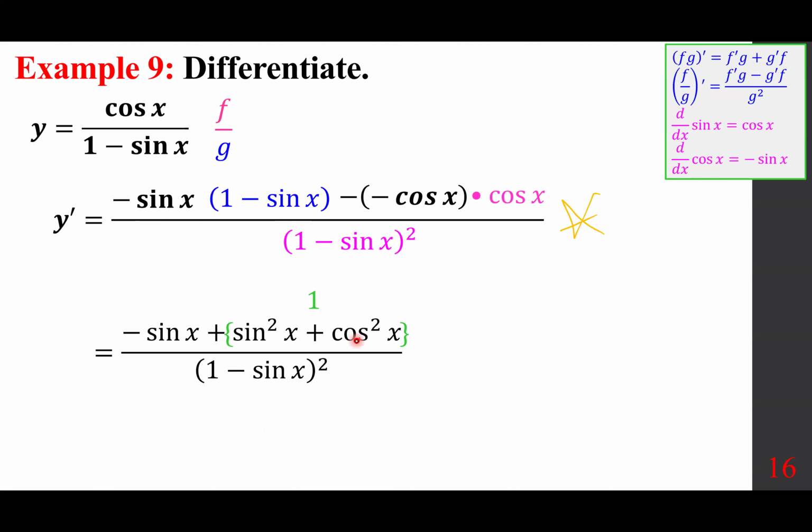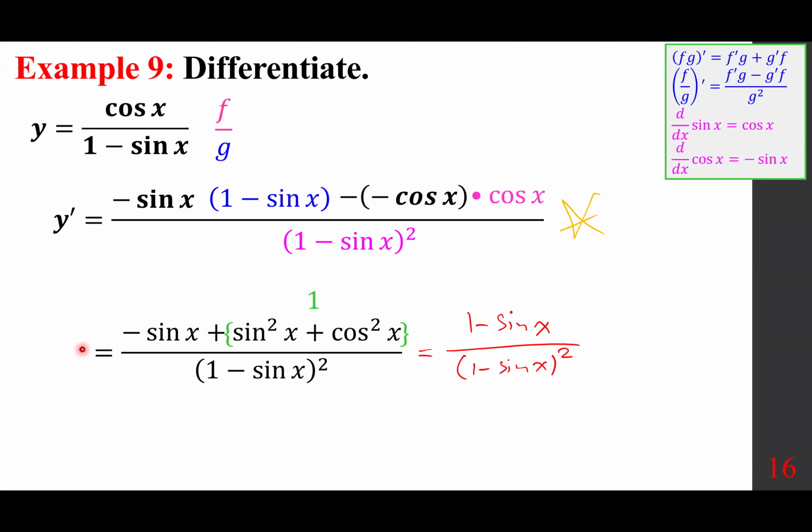So you're looking at 1 minus sine x in the numerator. Please understand, I want to rewrite this because I don't want anyone to make a mistake. Understand the numerator is 1 minus sine x, and the denominator is the same thing, squared.